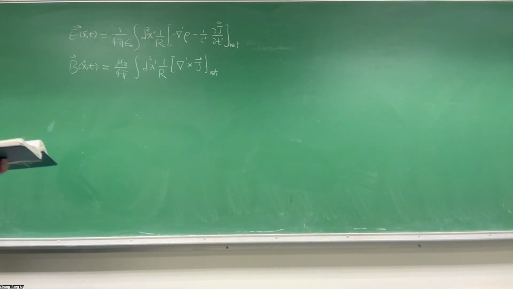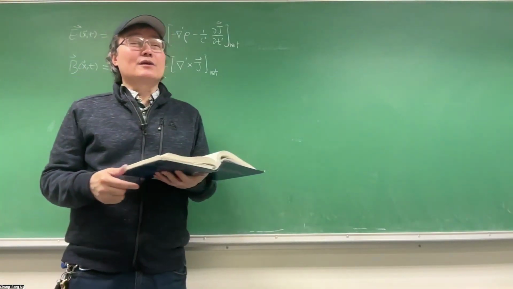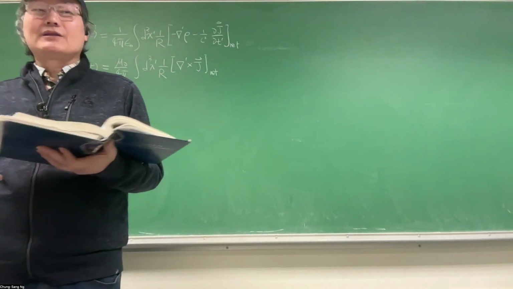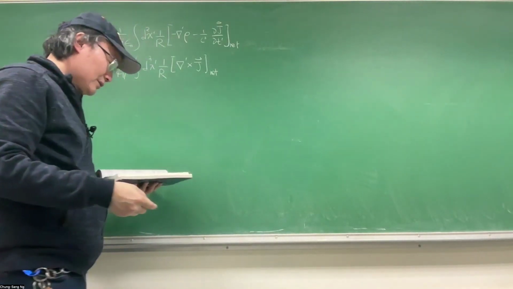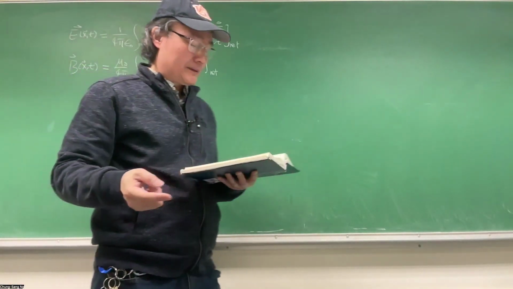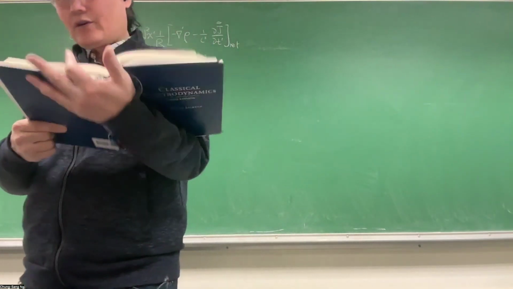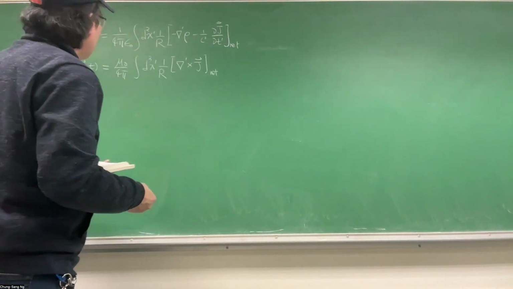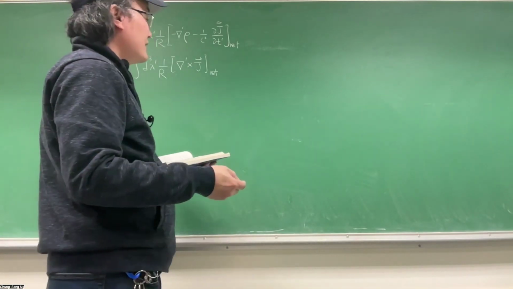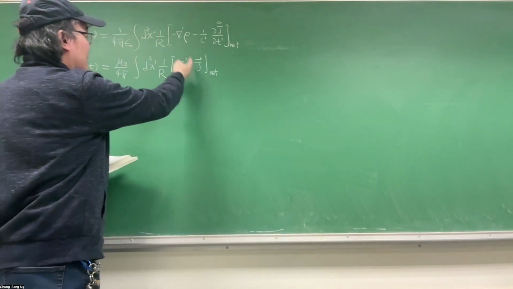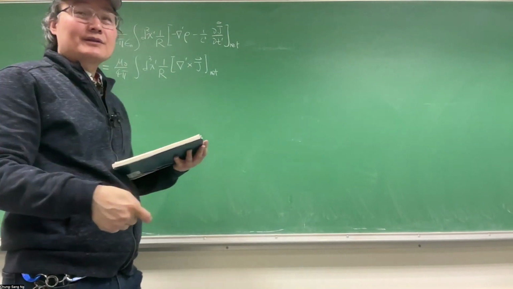One important application is applying to a point charge. When you try to derive the field solution for the point charge, it's easier to move all the derivatives outside the bracket first.